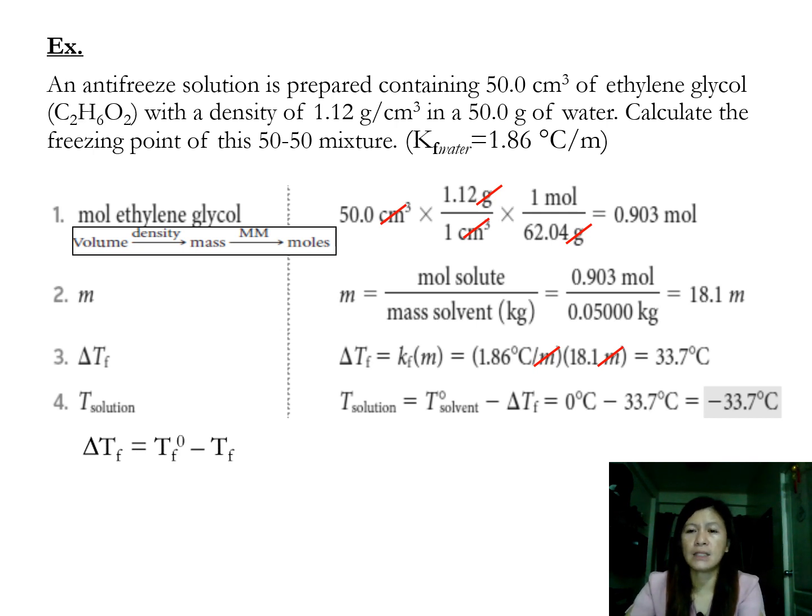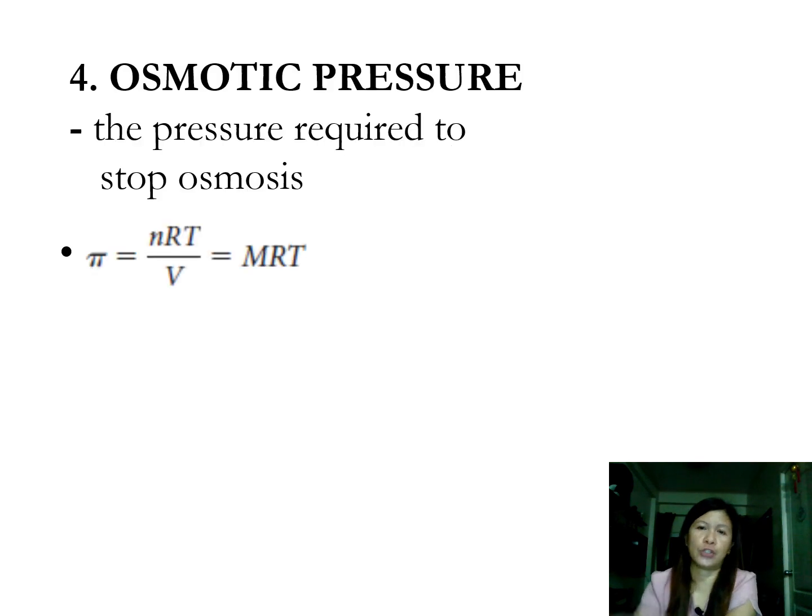So always remember that addition of solute in a solvent results in a decrease in the freezing point, or the freezing point of the pure solvent is always greater than the freezing point of the solution, or of a solvent with added solute.